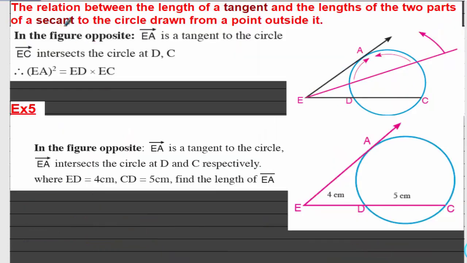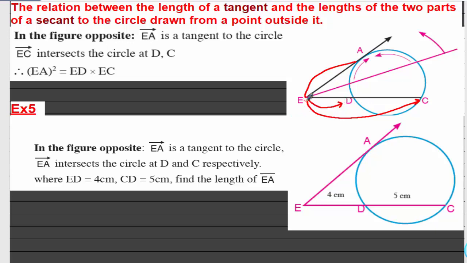Okay. The relation between the length of the tangent, here we have a tangent EA, and the lengths of the two parts of the secant. Here the secant is EC. We have two parts here, ED and EC. What's the relation between the length of the tangent and the lengths of the two parts?